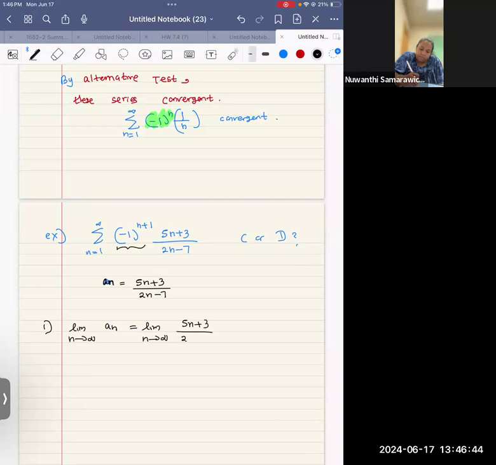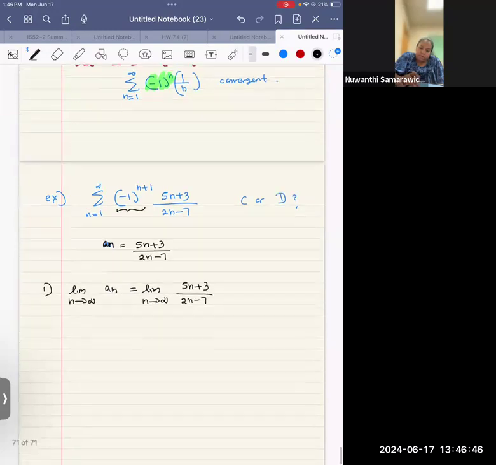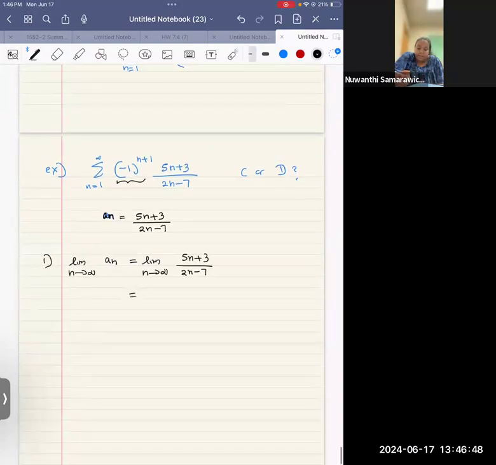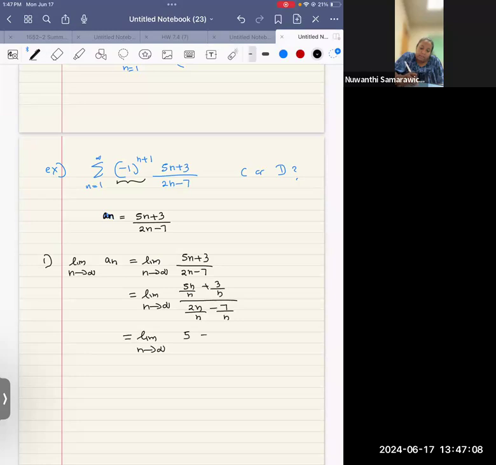What do you get here? We can divide everything by n, by the limit knowledge we learned. 2n divided by n, 7 over n. Then we get 5 plus 3 over n, over 2 minus 7 over n.